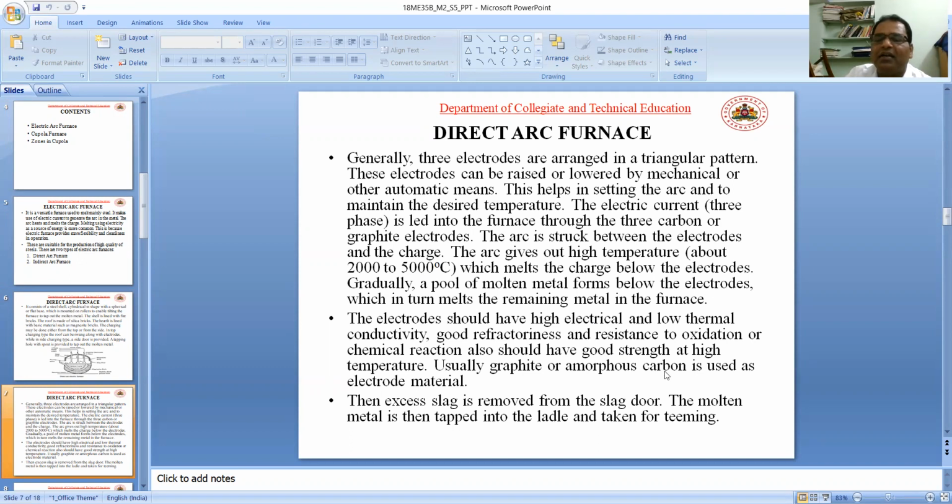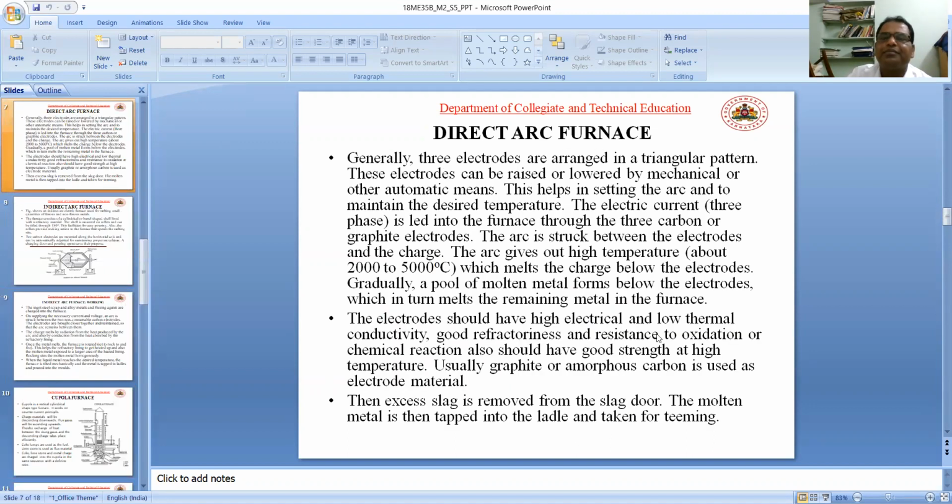Usually graphite or amorphous carbon is used as electrode material. Then excess slag is removed from the slag door. The molten metal is then tapped into the ladle and taken for steaming. This is the direct arc furnace.